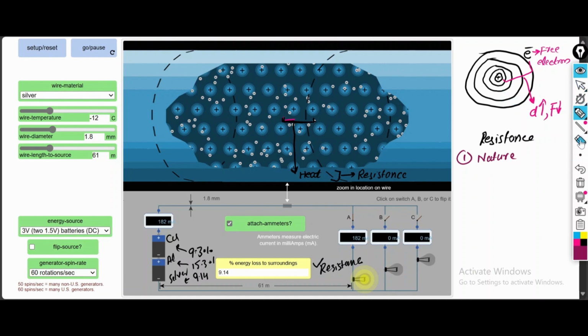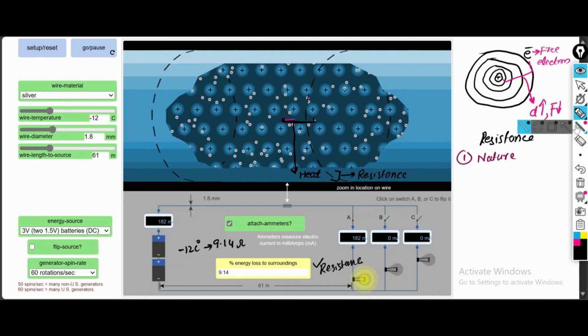Now I am going to rub this out, and now we have to change the other knob here. This knob is for the temperature, the external temperature of this wire. By default it is minus 12 degrees centigrade. For minus 12 degrees centigrade temperature, the resistance value is 9.14 ohm.